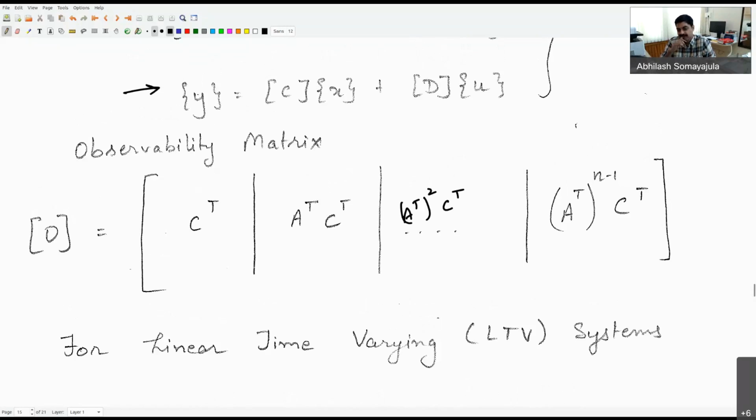I'm just trying to understand whether in this case it will be a square matrix. If C is a row vector whose transpose I'm taking, this becomes a column vector, correct? And A transpose times C transpose will also be a column vector.